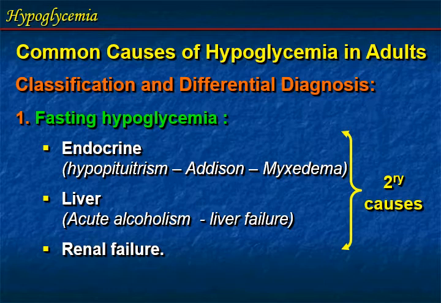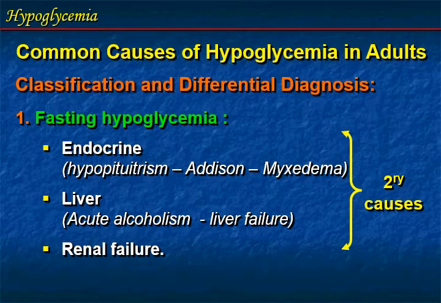So the secondary causes of fasting hypoglycemia are hypoendocrine disorders such as hypopituitarism, Addison, myxedema, and affection of the liver and kidney, especially since the liver is the first pass of insulin degradation and the kidney is the second pass.